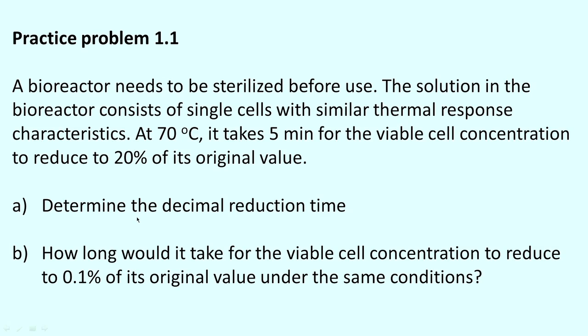A, determine the decimal reduction time. Remember, we said it was an important parameter. So, determine that first. And B, how long would it take for the viable cell concentration to reduce to 0.1% of its original value under the same conditions.